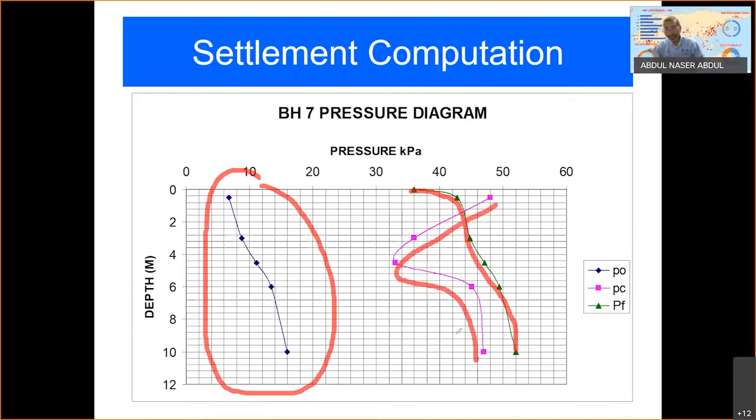You can see the previous maximum pressure at this level, between 0 and probably 1 meter below the ground. At 1 meter below the ground, the soil there has experienced even higher pressure than what we propose now. See, this is what we are proposing now.